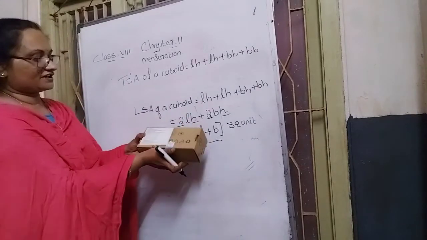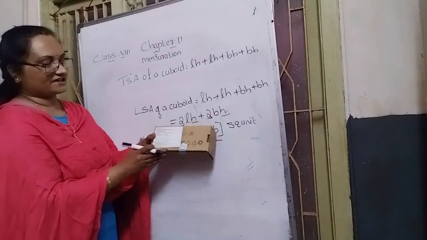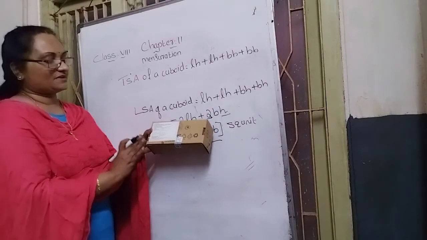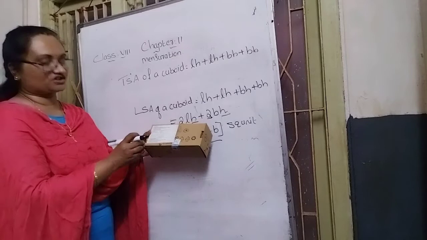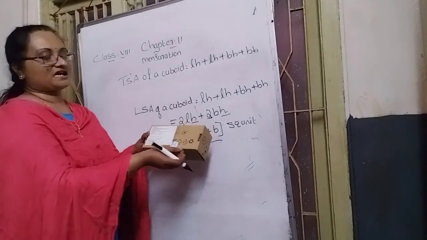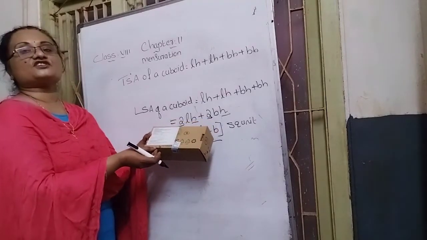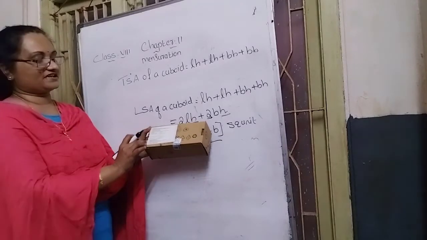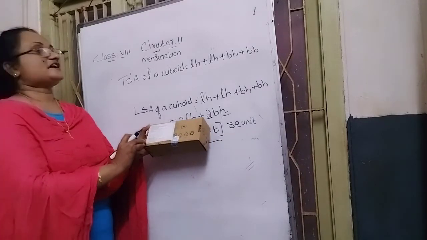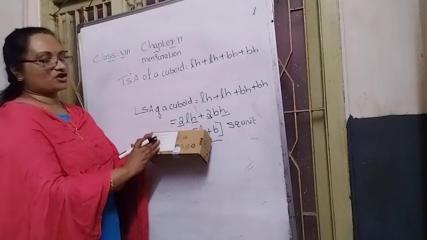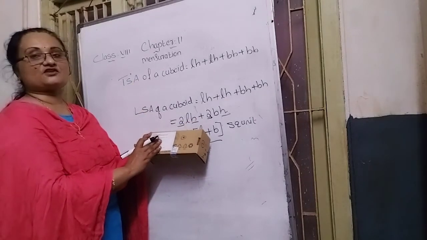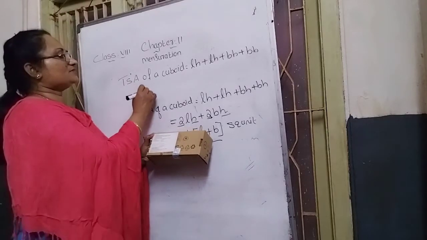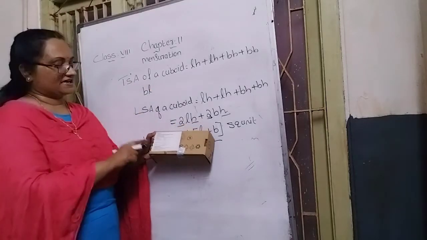Here, for the top and bottom, the longest side we call length and the shortest side breadth, but with respect to the cuboid, this longest side is the breadth and the shortest side is the L value. So the area of this fifth face, length into breadth, is B into L.